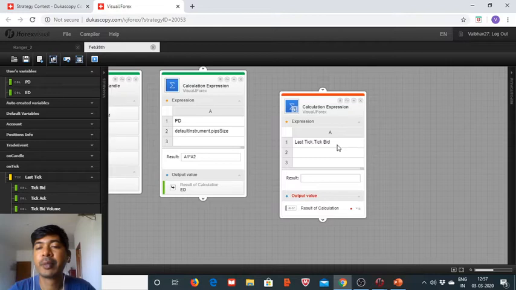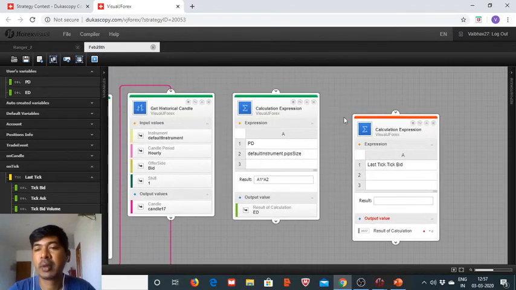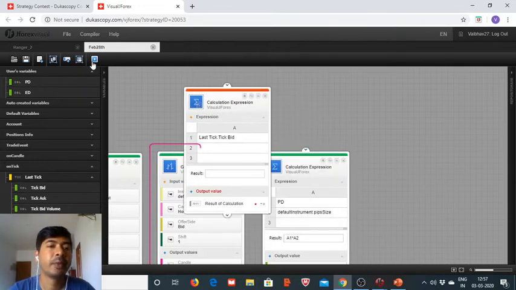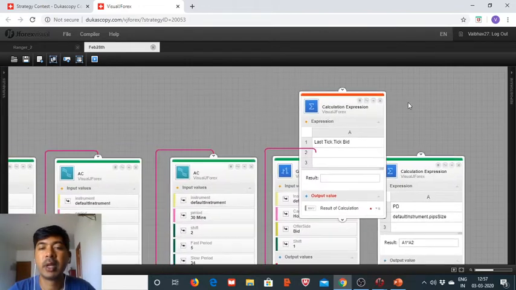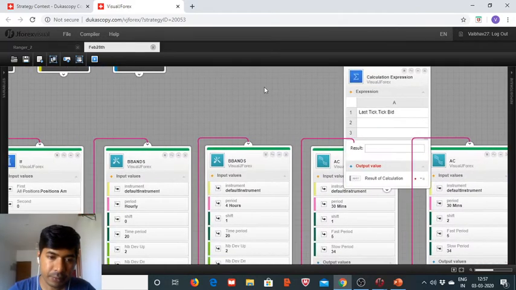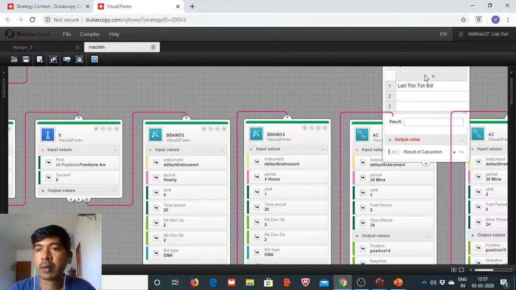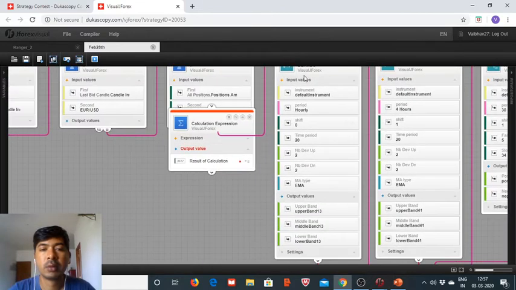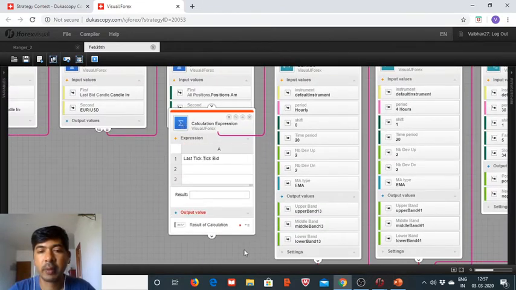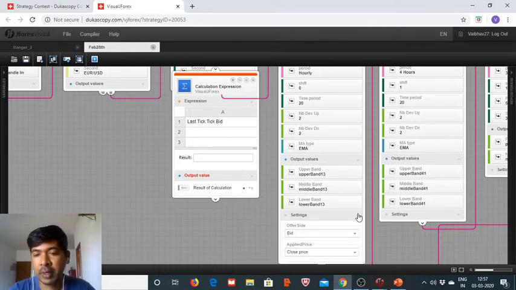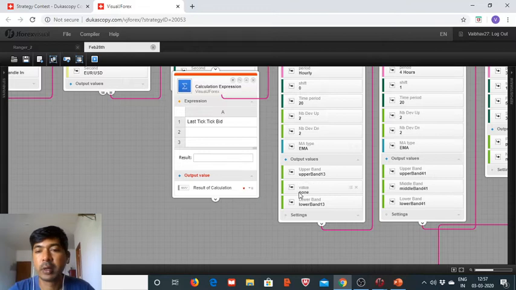Tick bid, and we will subtract the middle band's value from the last tick bid, and the middle band is also bid side, so we can use it now.